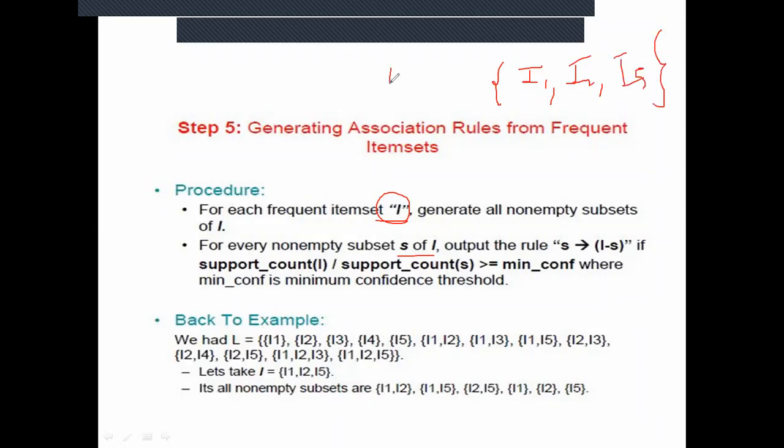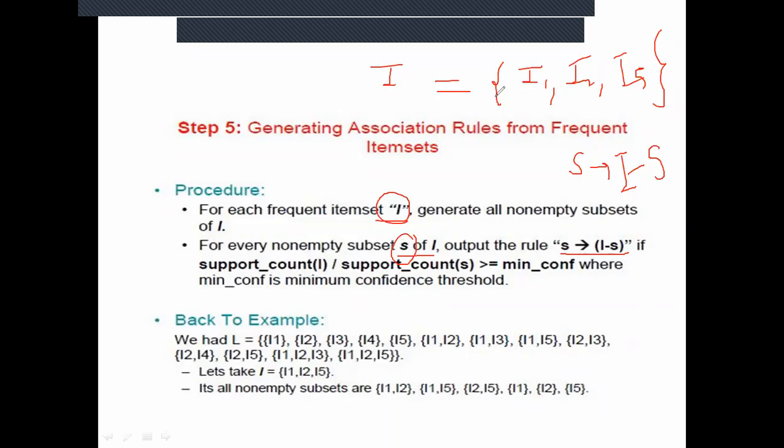I will take all the subsets of that. All the subsets can be of size 2 or size 1. Suppose that is your S. Now I will generate a rule of this type from S to I minus S. I can say this is my rule, but there is one condition for that. What is that condition?